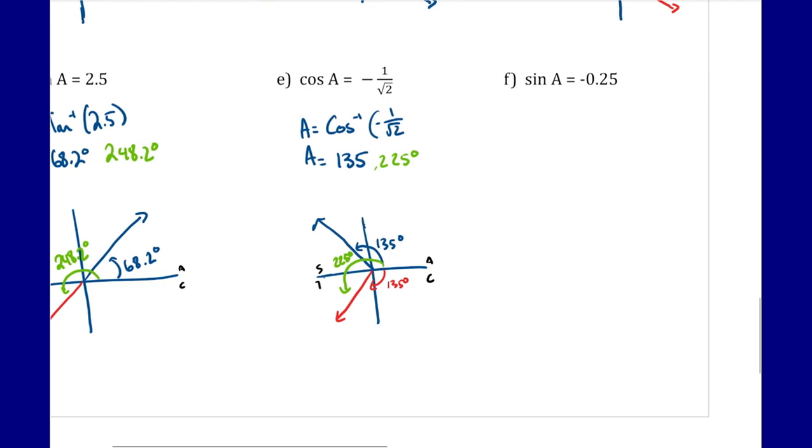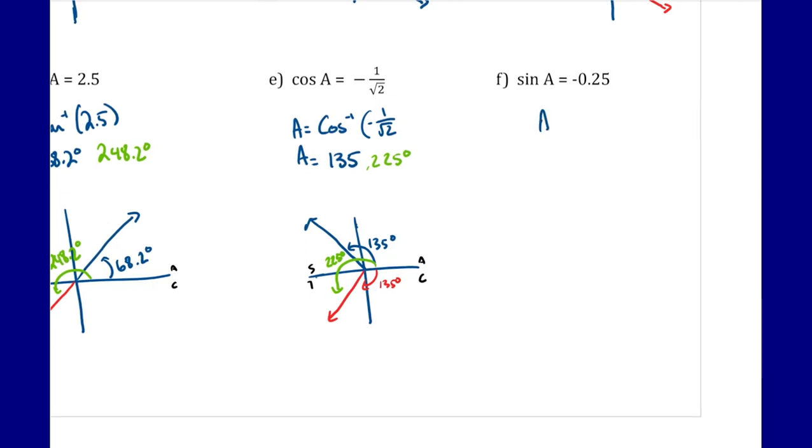Sine A equals negative 0.25. Again, we want to find out what A is. So the inverse sine of negative 0.25. We get A is equal to negative 14.5. Now, a negative 14.5 doesn't always make sense in terms of the actual negative value.